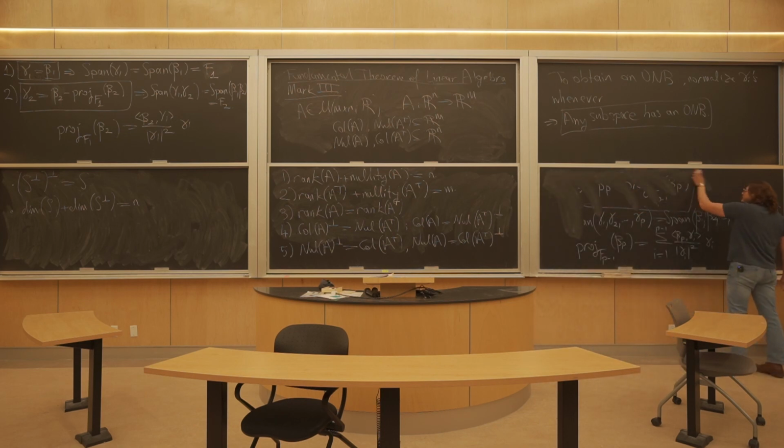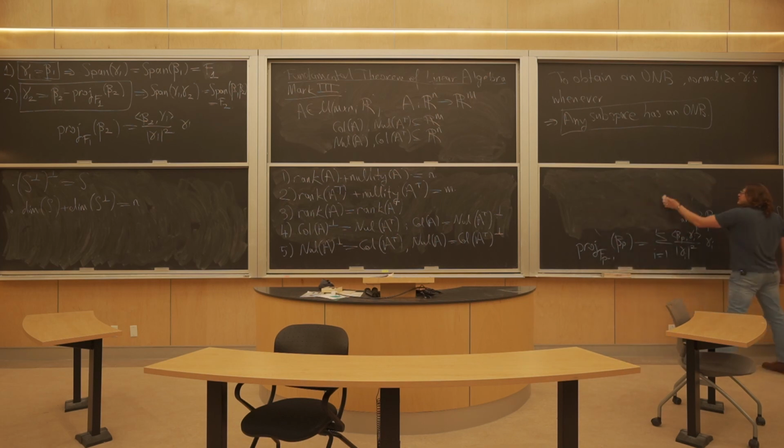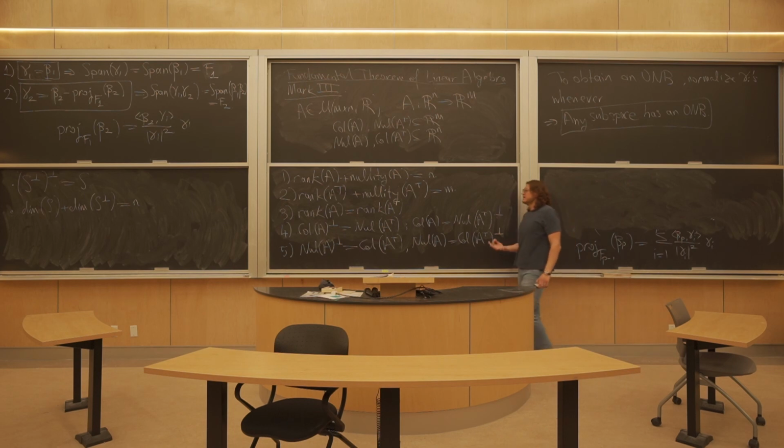Since the rank of A is the same thing as the rank of A transpose, and since rank is the same thing as the dimension of the column space, I have that the column space of A has the same dimension as the column space of A transpose. Now we discussed how dimension, this number, is the only invariant for isomorphism.